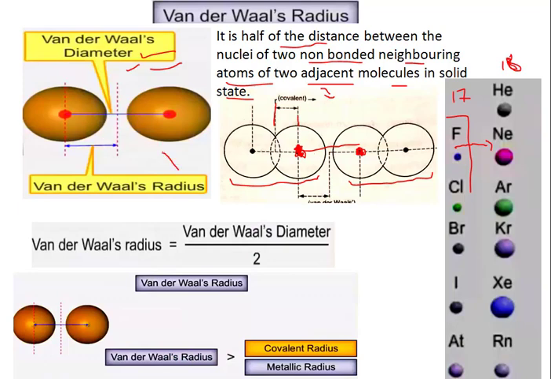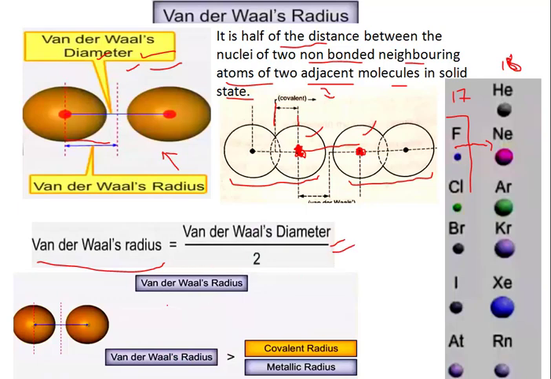As you can see in this picture, these two non-bonded atoms are shown, and the total distance from the nucleus of one to the other is called the van der Waals diameter, and half the distance is called the van der Waals radius. So van der Waals radius is van der Waals diameter divided by 2.